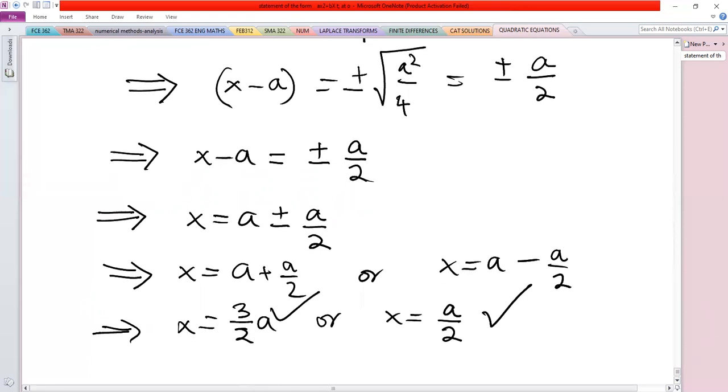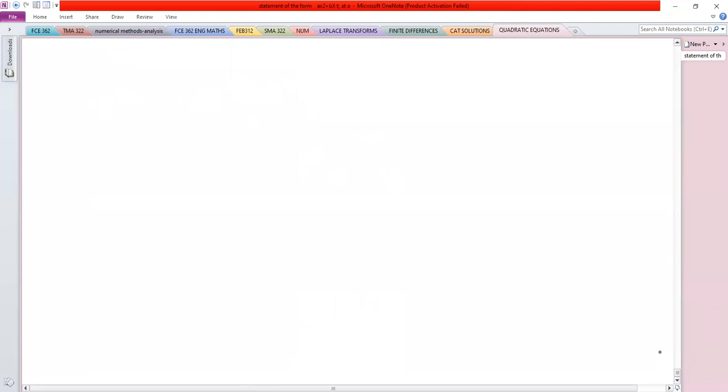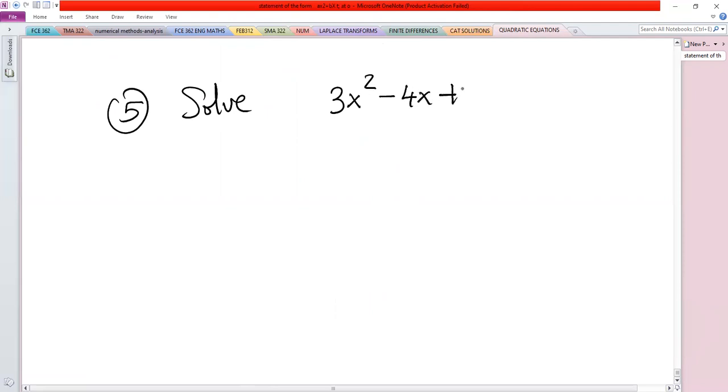And finally, number 5, solve for x in 3x squared minus 4x plus 2 equals 0.